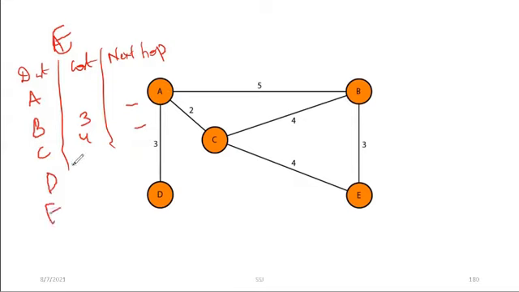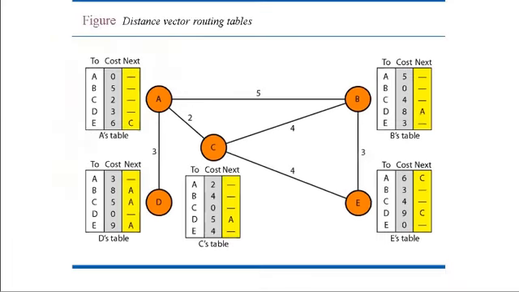For the rest, E will be 0, and A and D are infinity since E is not connected to A and D directly. Now, once the table of B is shared with A, or the table of C is shared with A, it will update the value to reach E. That we will see in the next slide.